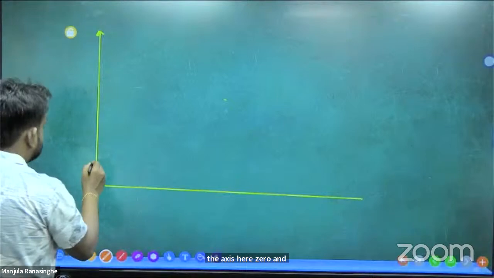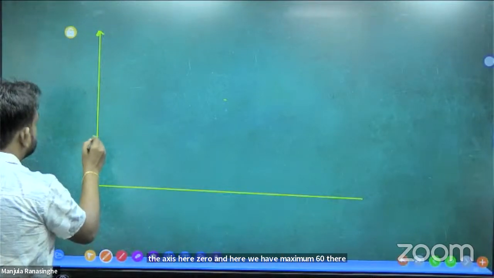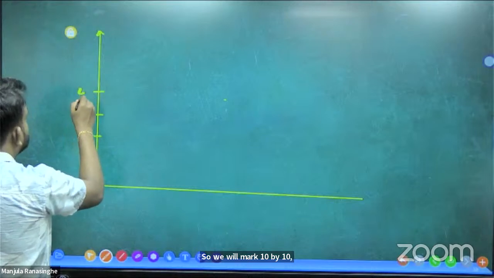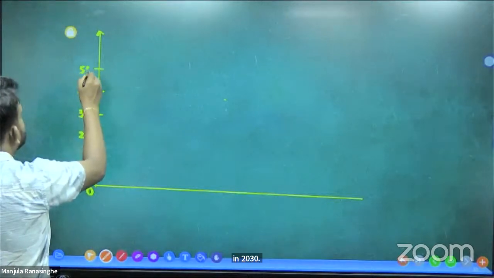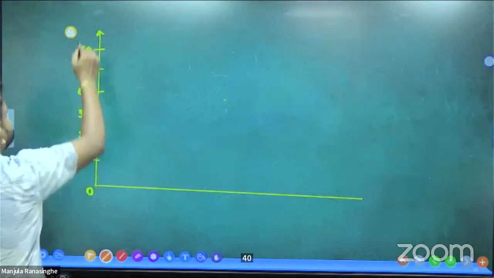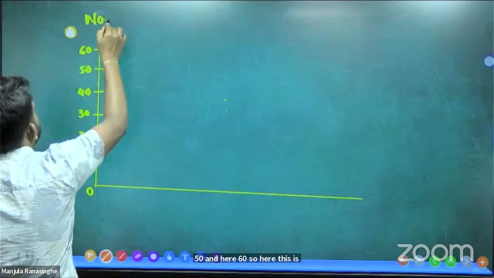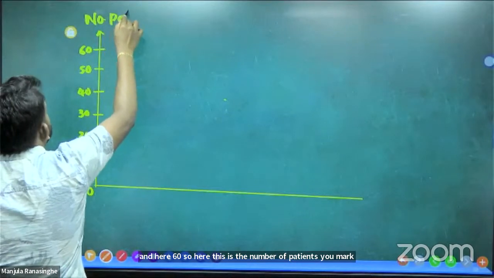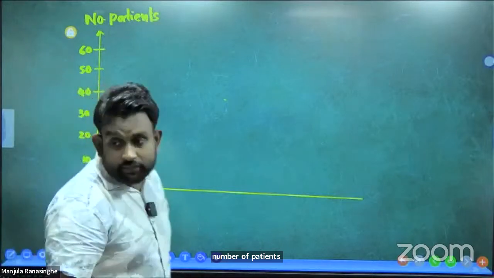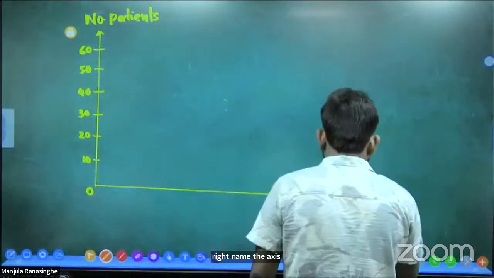So we will mark 10 by 10: 10, 20, 30, 40, 50, and here 60. This is the number of patients. You mark the number of patients. Right, name the axis.